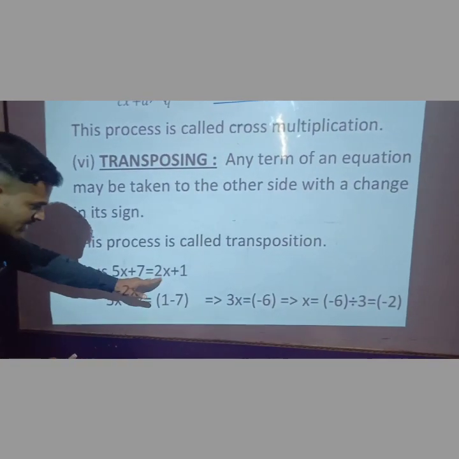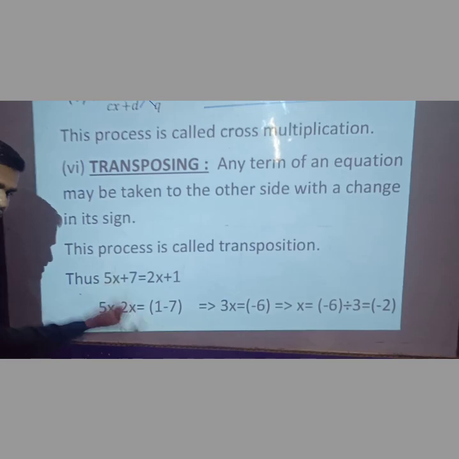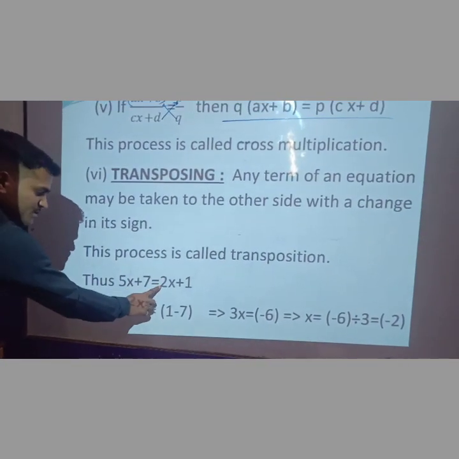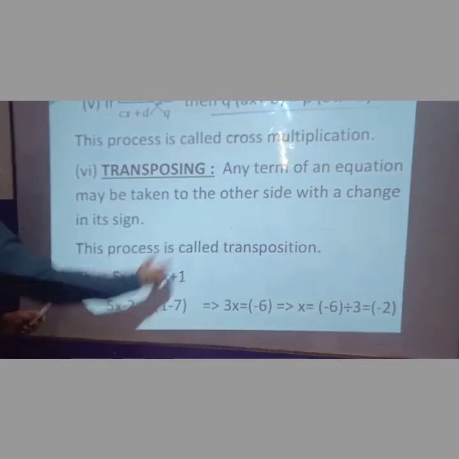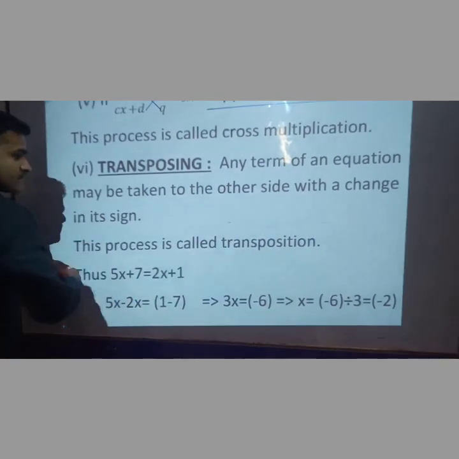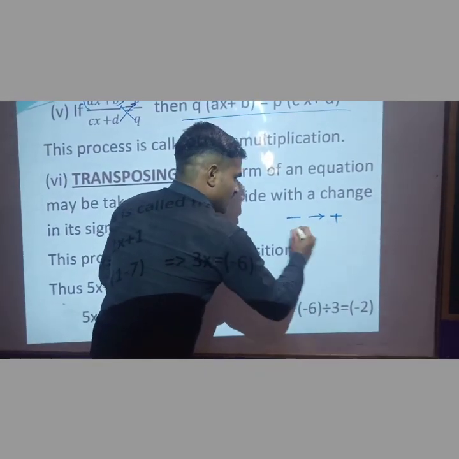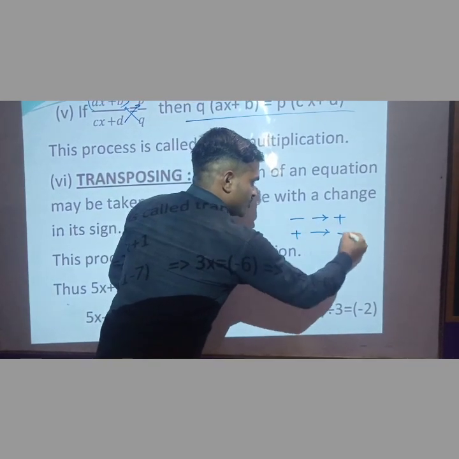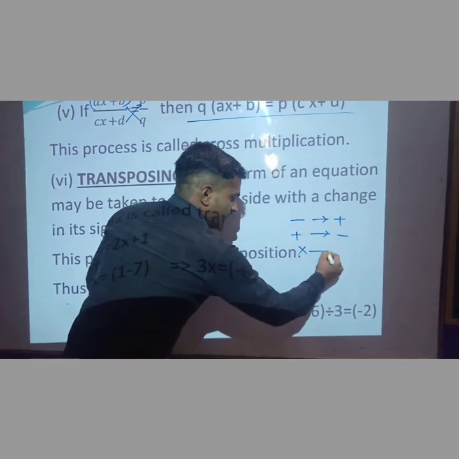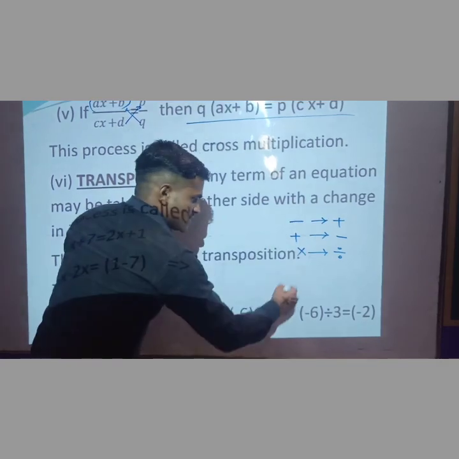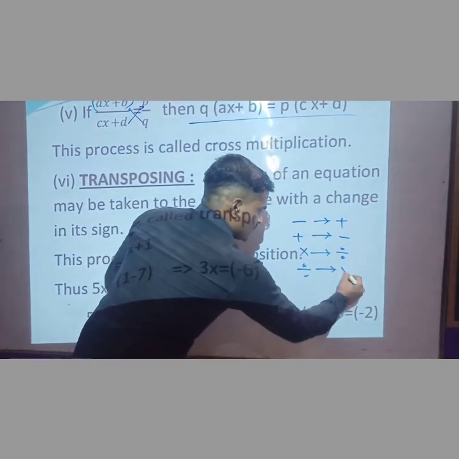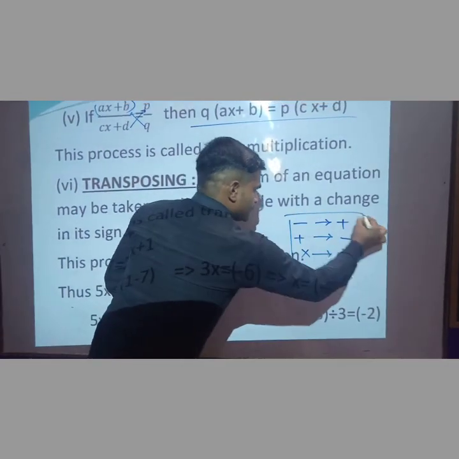On the right hand side, is this positive or negative? Yes, this is positive now. If this is positive and we transpose it, then with the change of its sign, minus becomes plus, plus converts into minus, multiplication to division, and division to multiplication. This is the process.